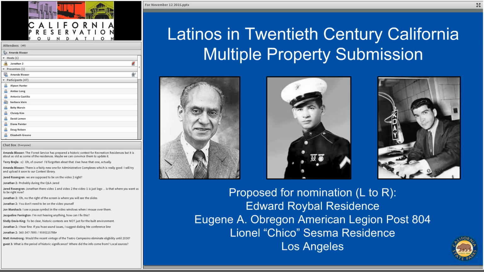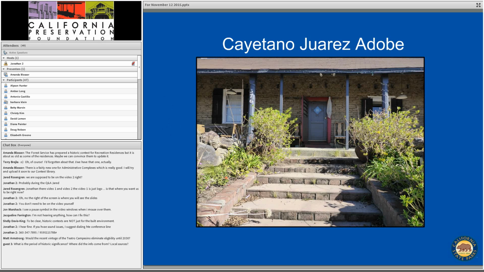And then Chico Sesma was the first bilingual radio DJ in the Los Angeles region. And he also is largely responsible for introducing mambo and cha-cha to the Los Angeles region. So his residence would be significant within the context of Latinos in the arts. You wouldn't have to go out and do all the research on Latinos in the arts because it's already done in the multiple property submission.